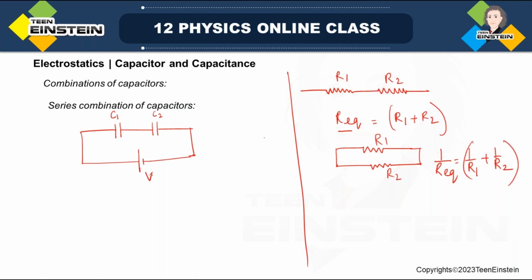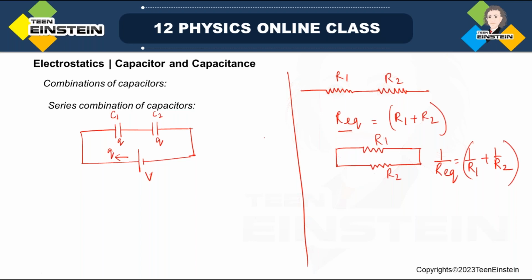To do the calculation, we need to keep some things in mind. In the series case, the amount of charge flowing is the same for both the capacitors because they are in series. So the same charge Q will be flowing throughout the circuit.